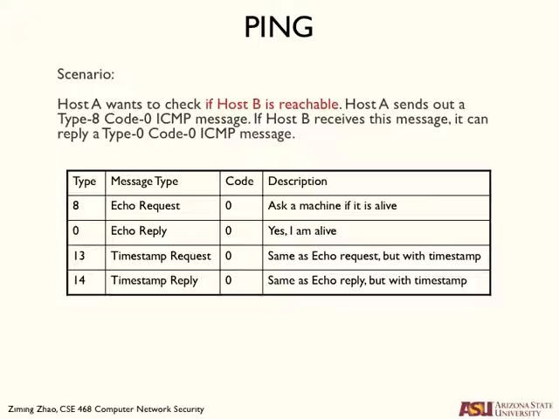If host A sends out a type 8, which is echo request, code 0, ICMP message, it means host A is asking host B, are you alive there? And if host B receives this ICMP message, it is supposed to reply with a type 0, code 0 message telling host A, yes, I am alive.